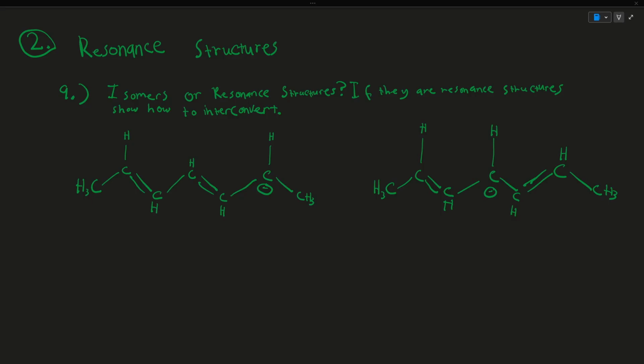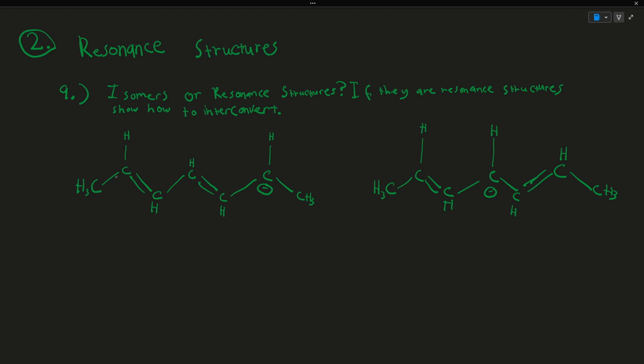So here you're asked to determine if these compounds are resonance structures or isomers, and if they are resonance structures, show how to interconvert between them. Right off the bat, let's see the chemical formula for these structures.